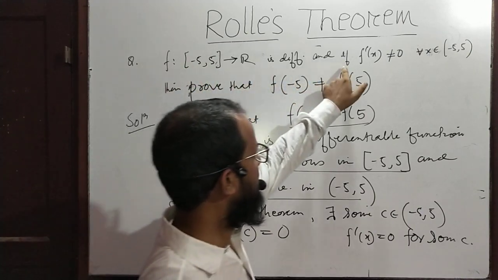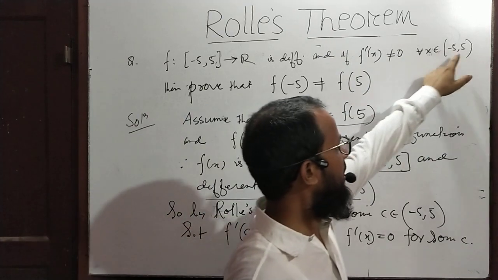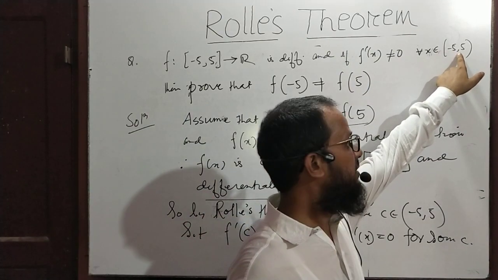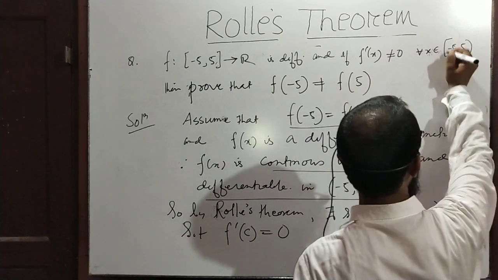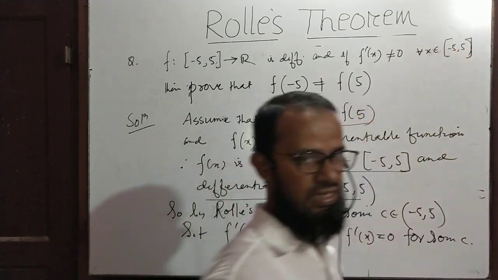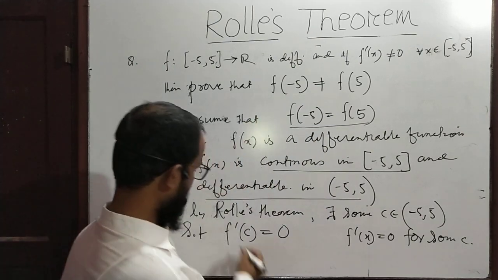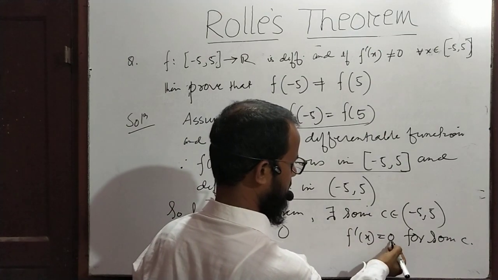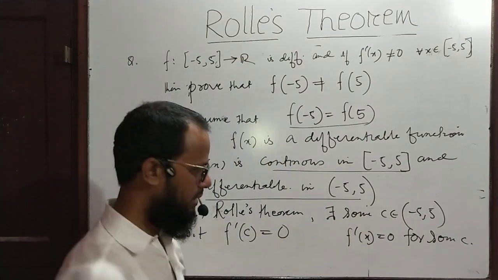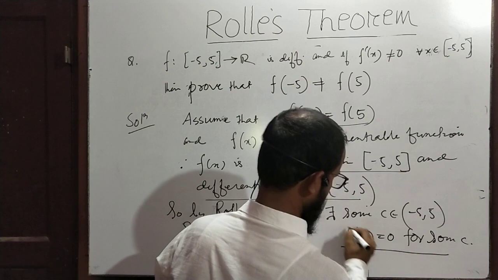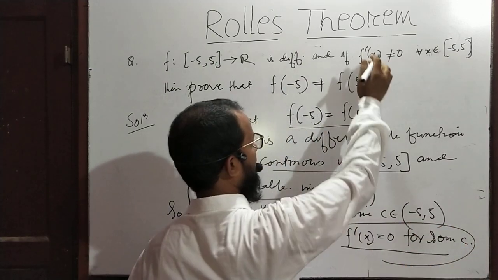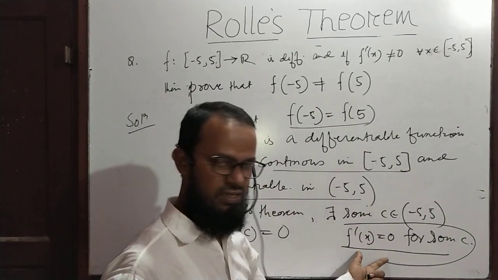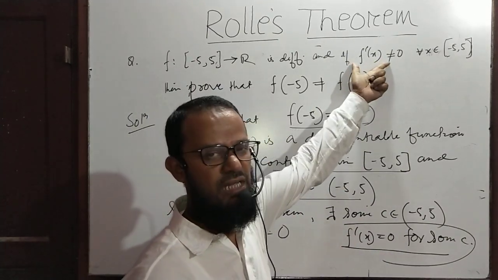The derivative is not equal to 0 for all x belonging to the domain. Clear? Here we are showing that f dash c equal to 0, so this statement contradicts the given condition.